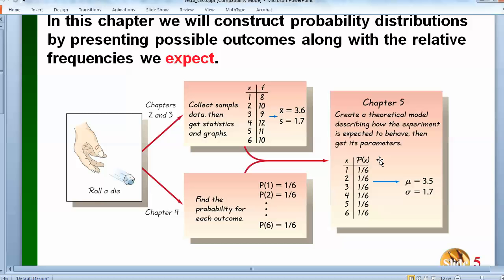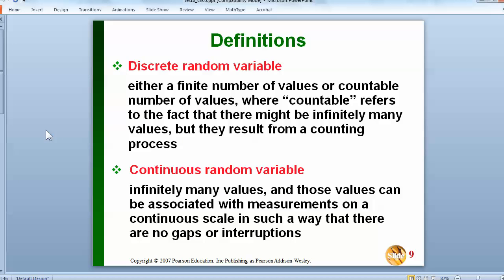Now in chapter 5 we focused on the discrete type, where you remember that discrete means that they progress in countable number values, like 0, 1, 2, 3, numbers of girls, for example. And then the continuous kind we'll talk about in chapter 6, or we are talking about in chapter 6.